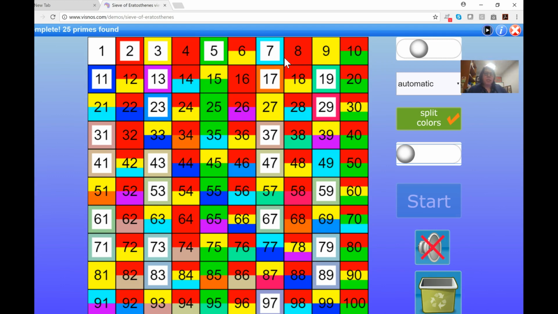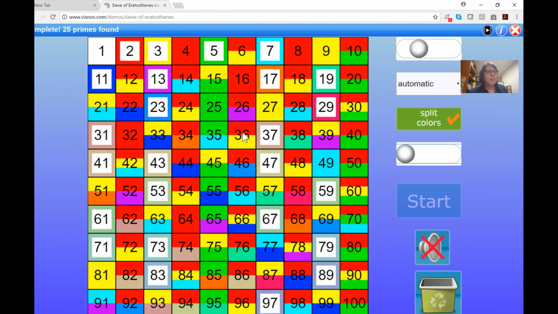Now look at the numbers that are left, that are in the white boxes. What kinds of numbers are those? Look carefully. The numbers that are left are 2, 5, 7, 11, 13, 17. Those are all numbers where we crossed out their multiples, and they were the first one, right?